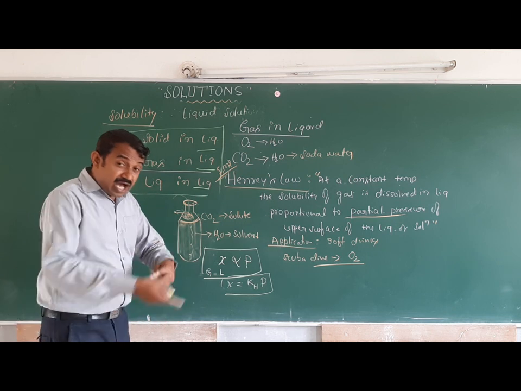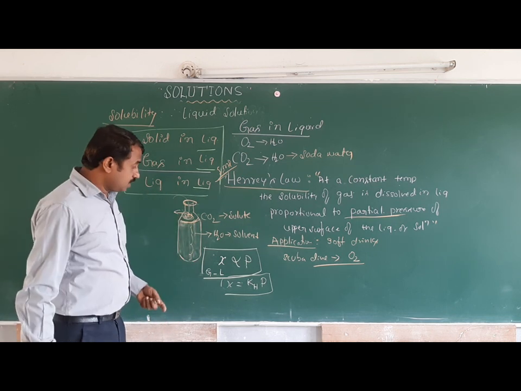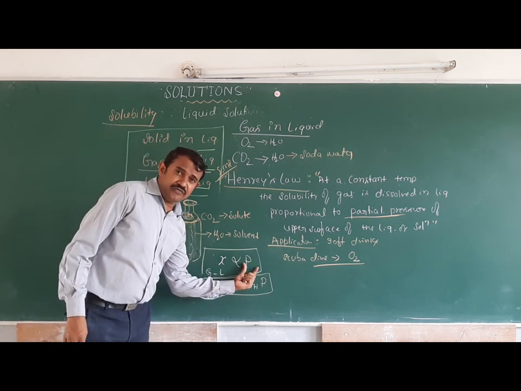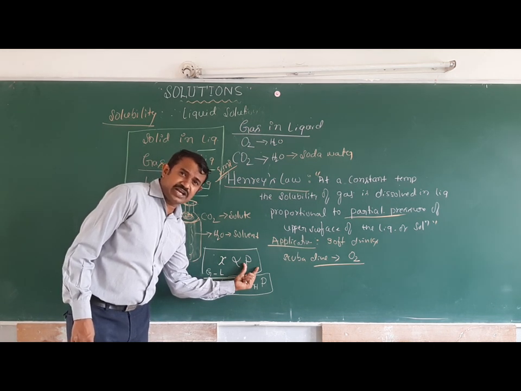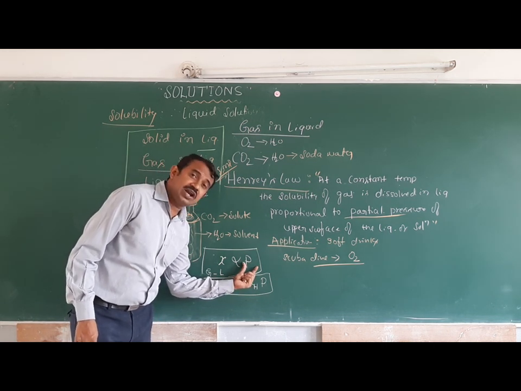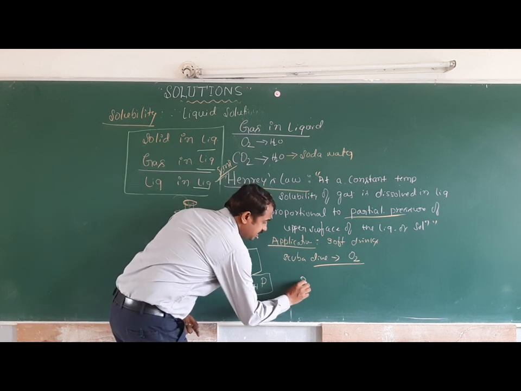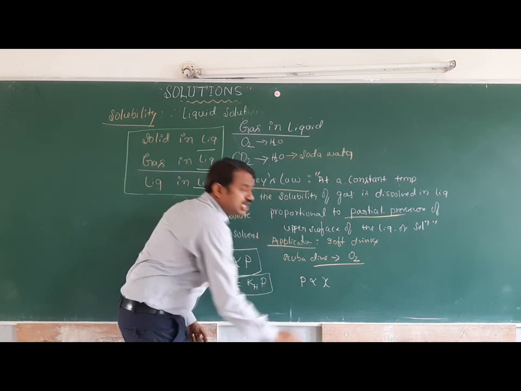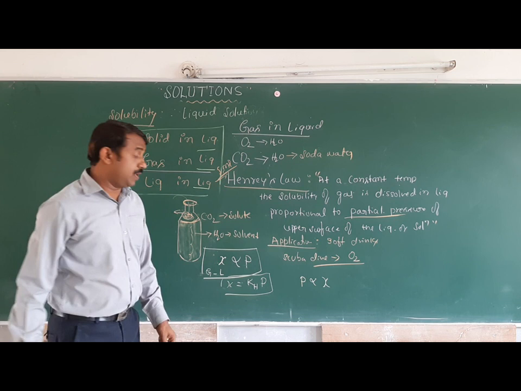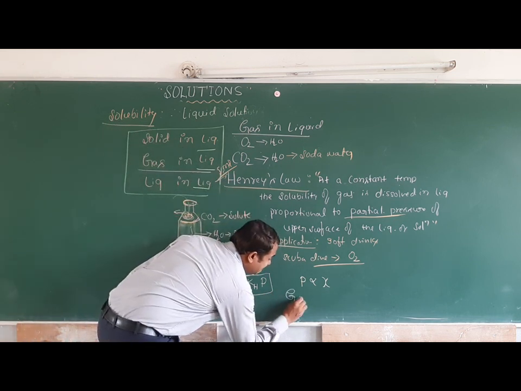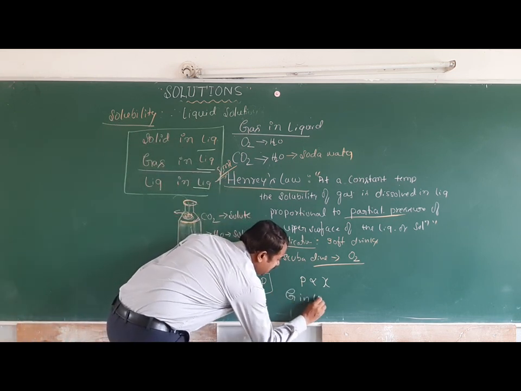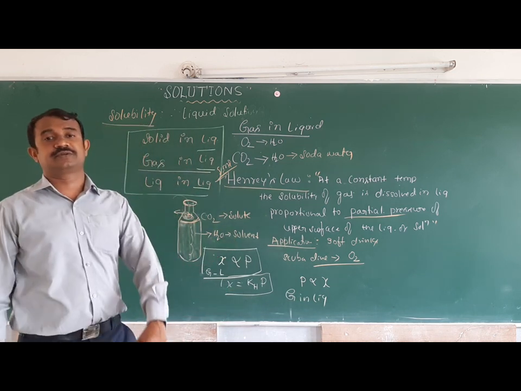In textbooks they give it in reverse: the vapor pressure of the gas dissolved in liquid is directly proportional to mole fraction. But we mention here the gas dissolved in liquid. That is very, very important.